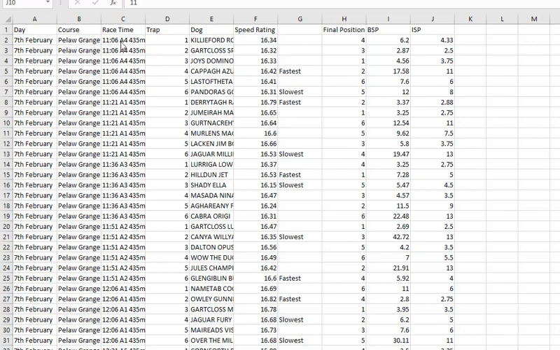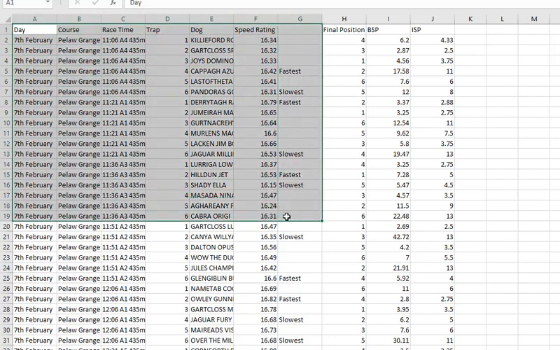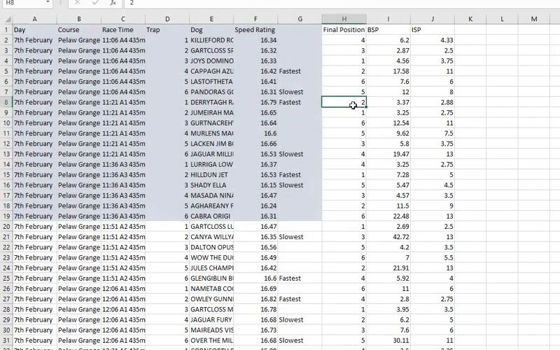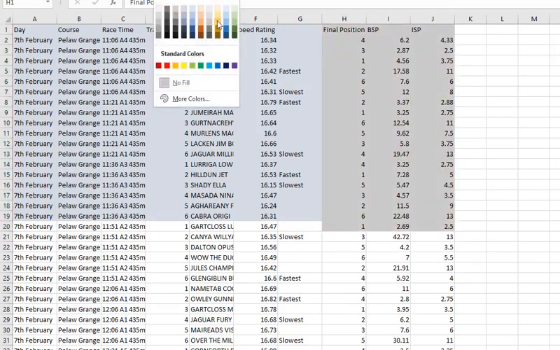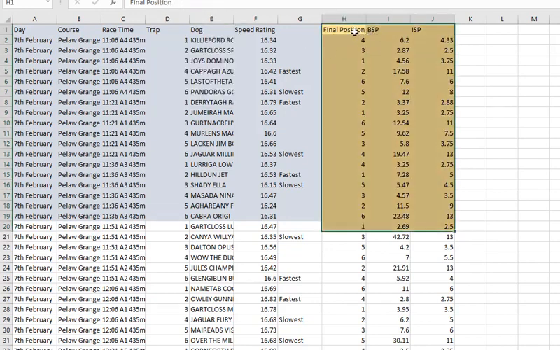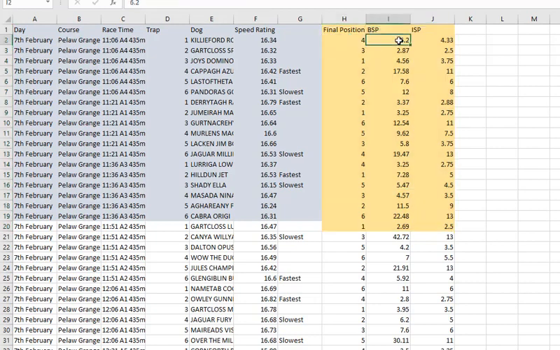Here we are with the speed ratings for the 7th, and when you initially brought them up on the day, you would have only got this information here. But if you open it the next day after 9, you'll get all this other information, which is telling us where the dog finished, Betfair price and bookie price.